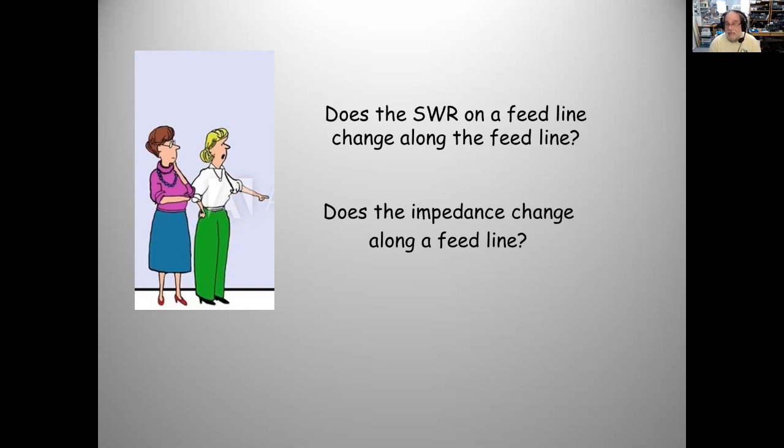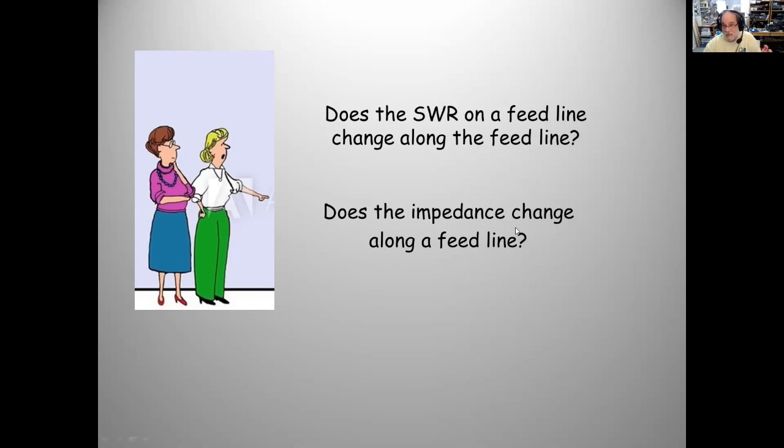How about the impedance? If you could put in a little gadget and it measures the impedance, and I measure it here and here and here and here, does the impedance change along a feed line? It shouldn't. Depends on the feed line. Oh, typical 50 ohm feed line and typical 80 meter antenna. Nothing special here. Let's assume it's not a 1-to-1.